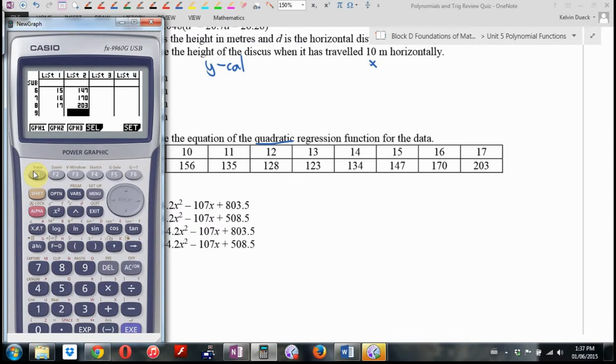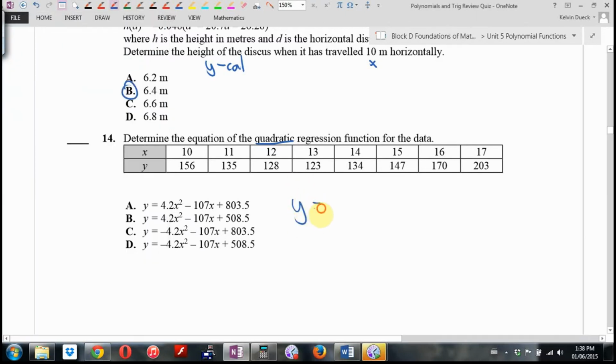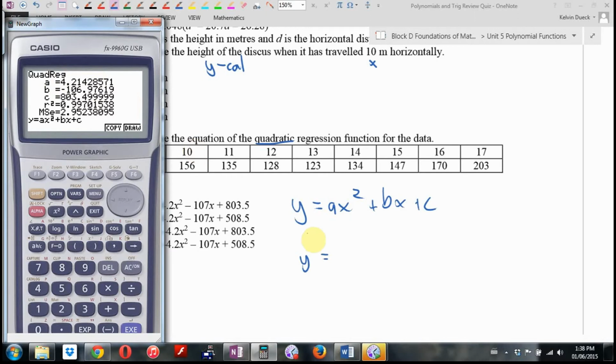Is this a parabola? Hey, that looks like a parabola. Again, could be part of a sine function as well, but we're going to assume it's a parabola because they said quadratic. Calculate x squared, and I have y equals... Well, the pattern is ax squared plus bx plus c, and then it says a is 4.21 x squared.